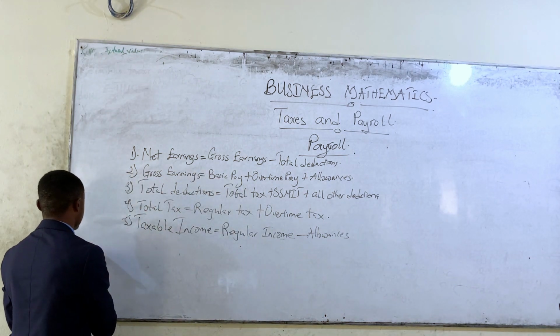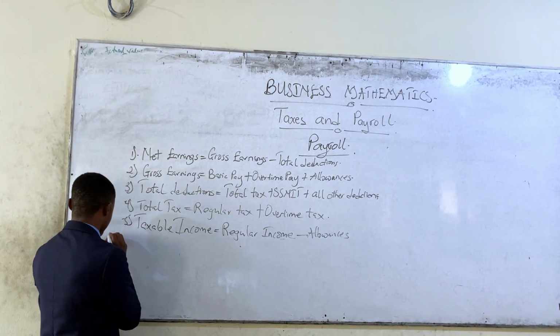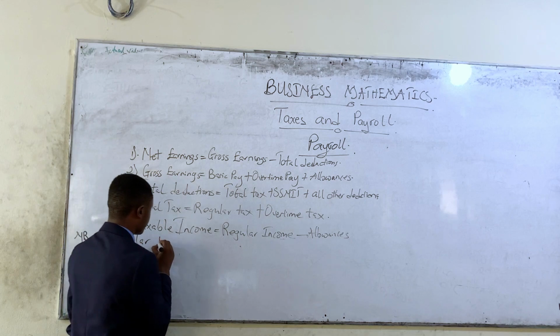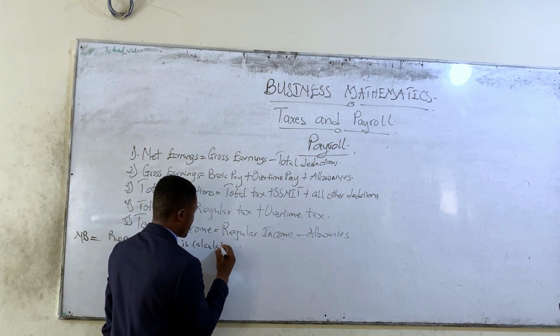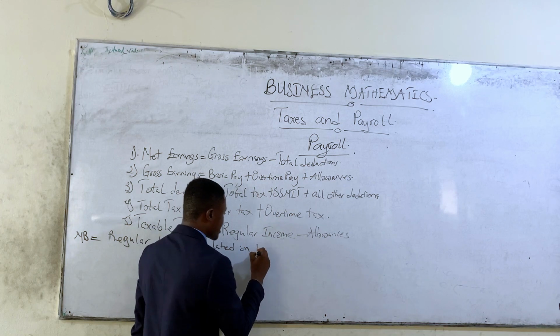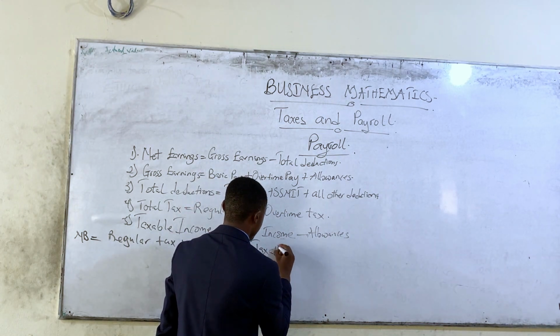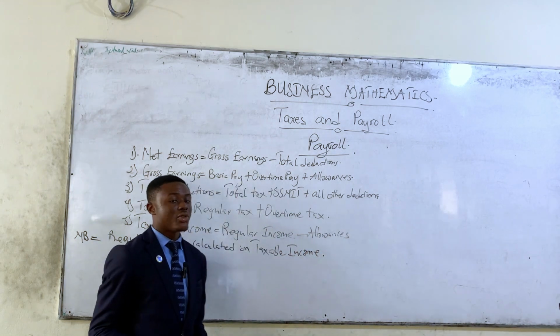So with this, we note that regular tax is calculated on taxable income. Take note of it: regular tax is calculated on taxable income, meaning income that can be taxed. Are we good? Great.